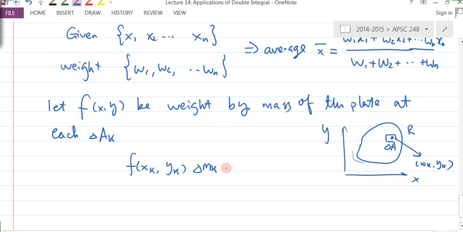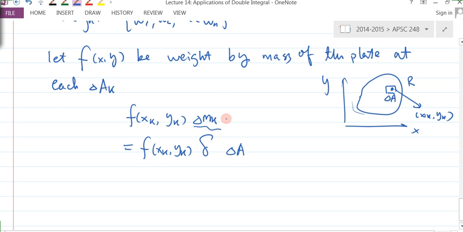So a delta mass, as we learned, we can describe this delta m_k using the density delta times this small patch area delta A. So you see that the weighting can be described by this idea here.